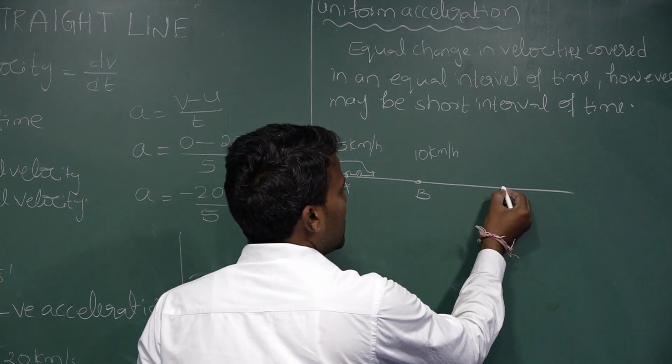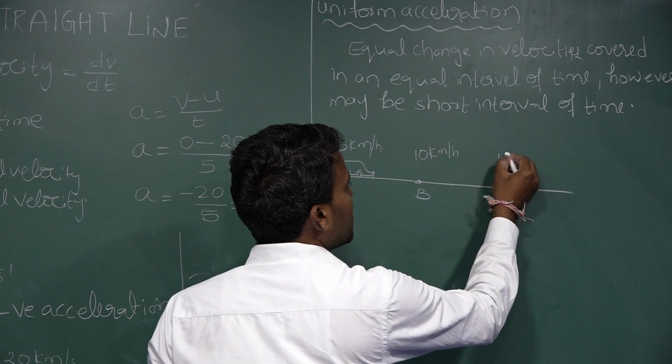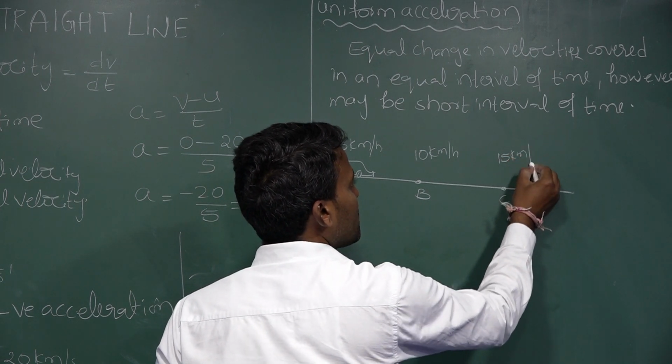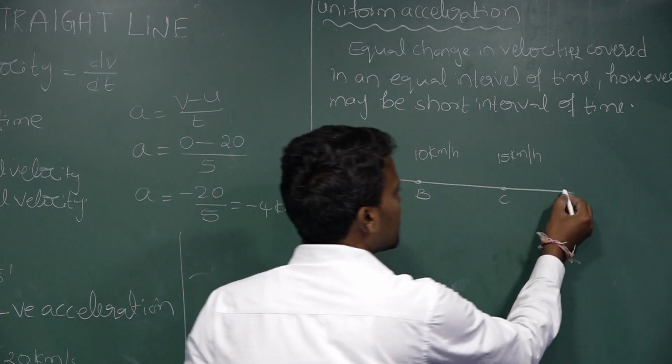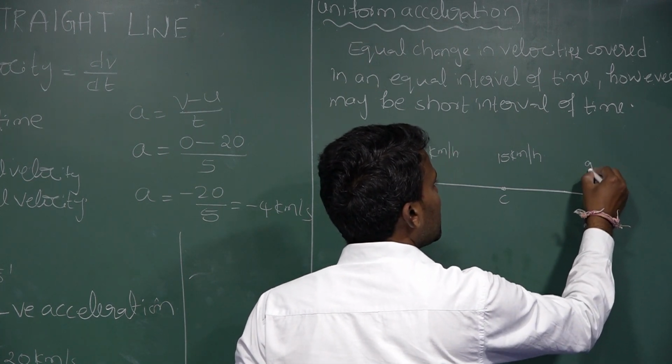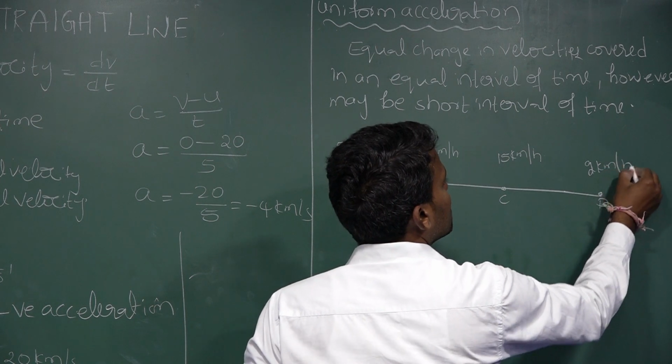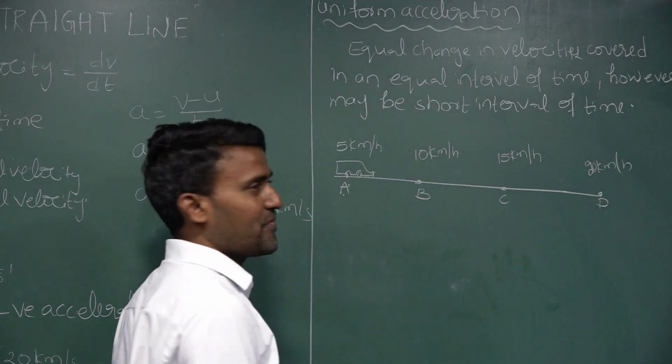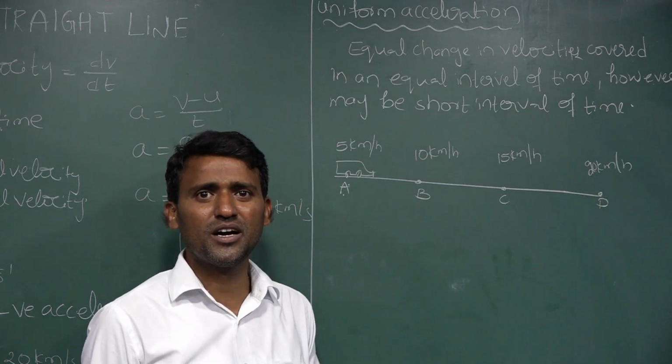Then when it reaches point C, it attains a speed of 15 km per hour. And when it reaches point D, it attains a speed of 20 km per hour.